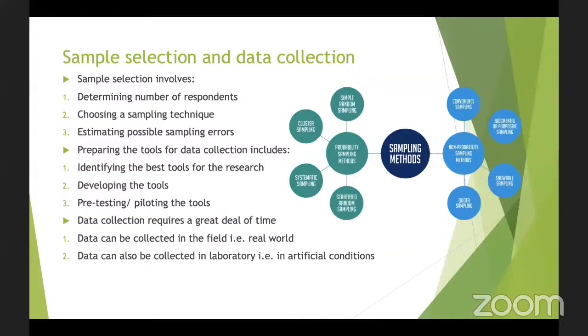Now, field observations. If you want to prepare the tool for data collection for field observation by researcher, that can be useful in studies involving processes. So say if there is a process, like for example, your respondents in this case are some farmers.